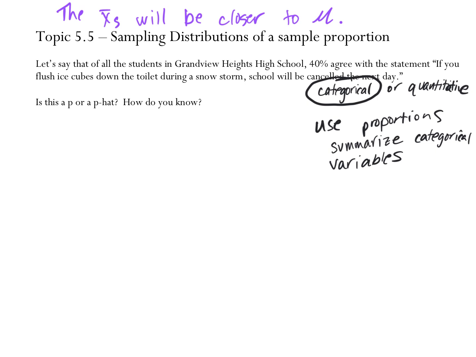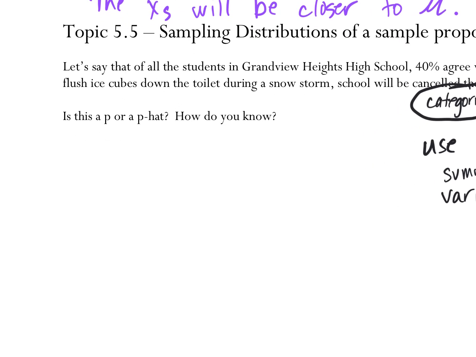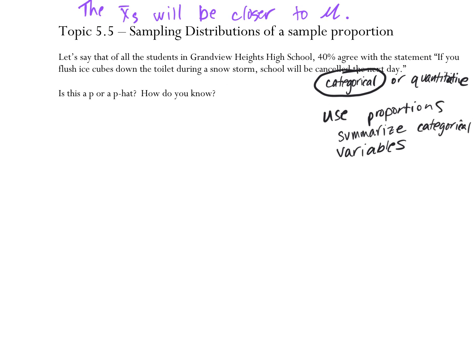All right, so last week we talked in depth about what a sampling distribution of sample proportions looks like. So let's say 40% of Grandview Heights high school students agree with this statement. When I say that 40%, is it a P or a P hat?